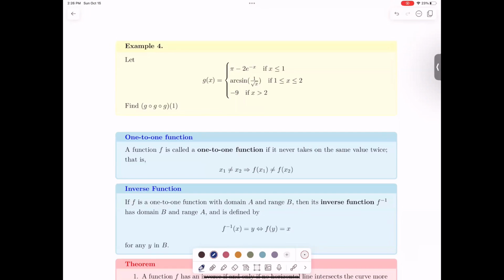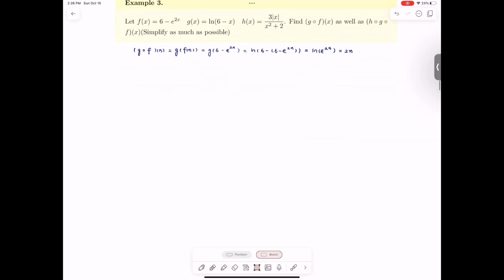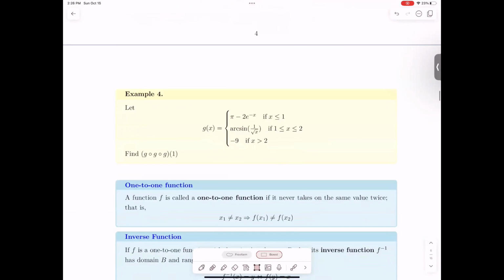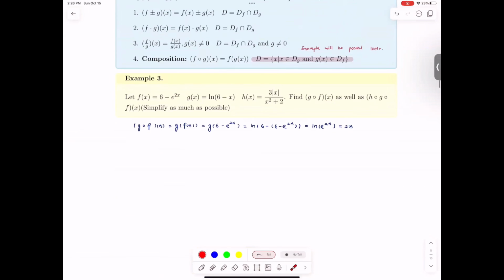Take it up, please. Okay, fine. Let's take it up then. If you know how to do it, do 4, okay? The rest of you, if you don't need my help, then do 4. Just quickly do them. h compose g compose f of x. You need to do f first, so it's basically h of g of f of x.